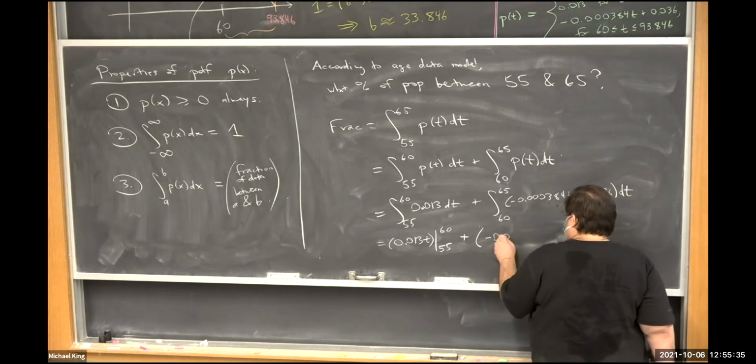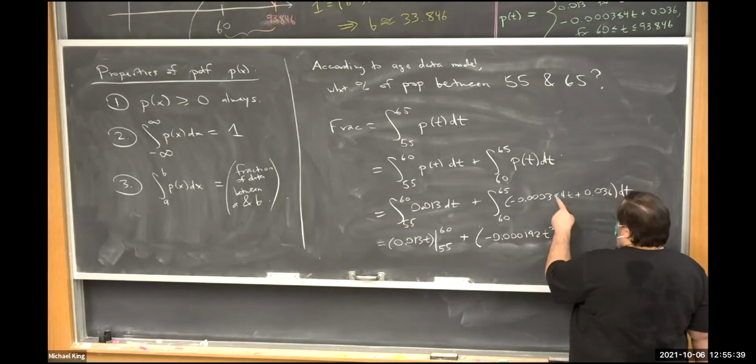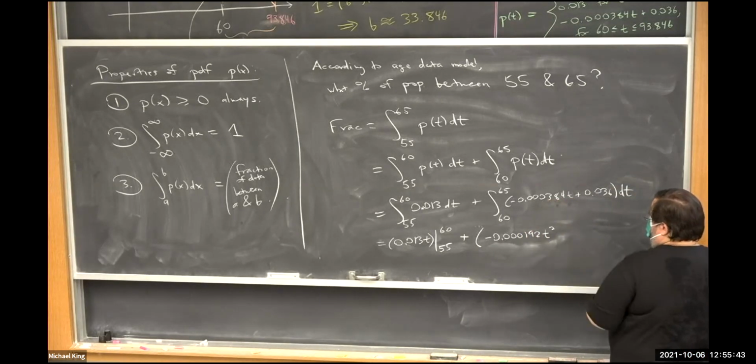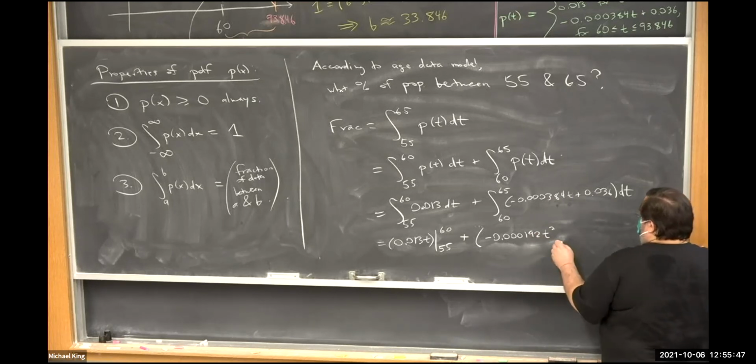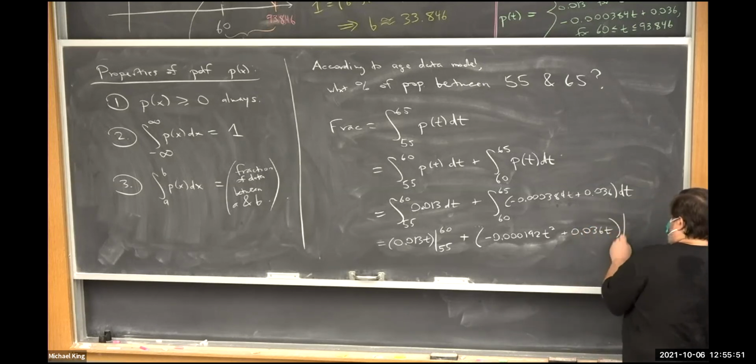So negative 0.000192 t squared plus 0.036 t from 60 to 65.